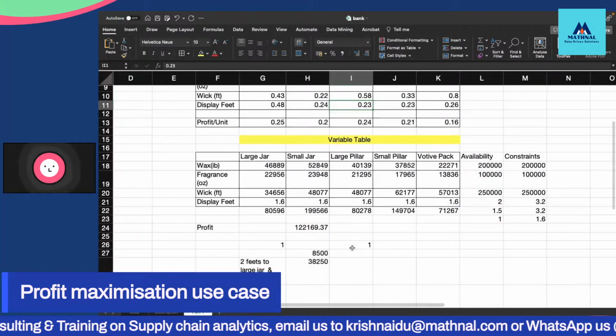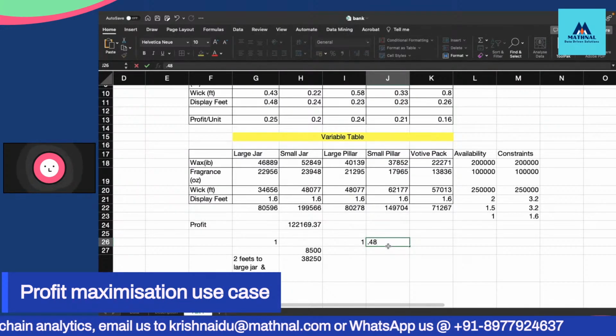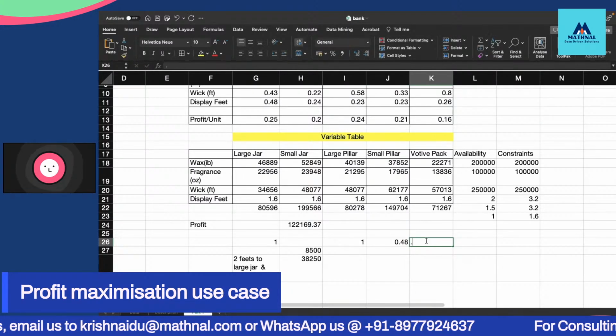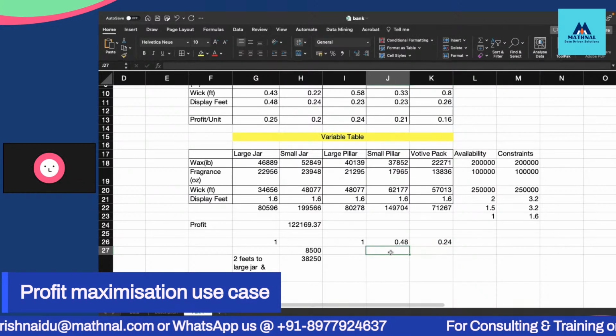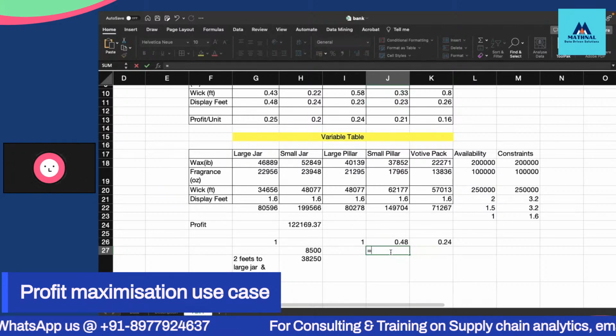Suppose I have 0.48 here and 0.24 here, how many jars can we place if I allocate 1 foot?